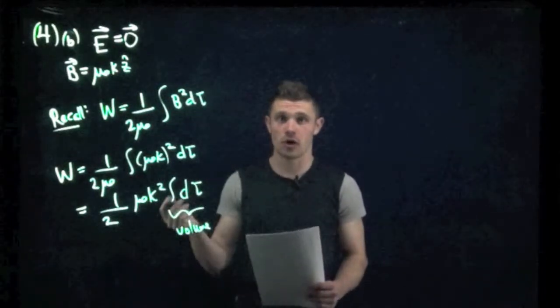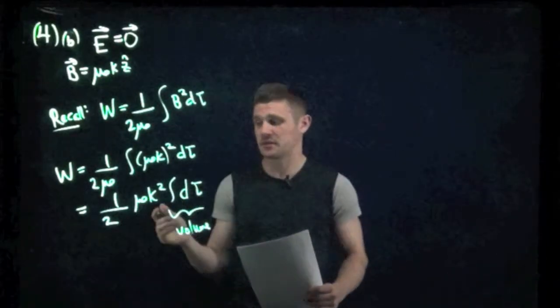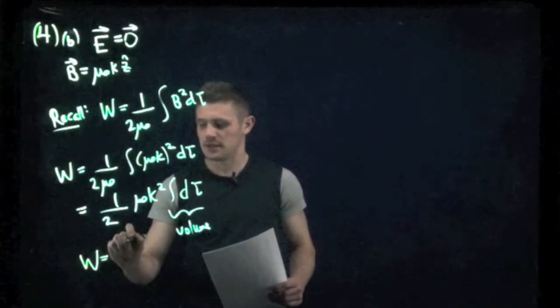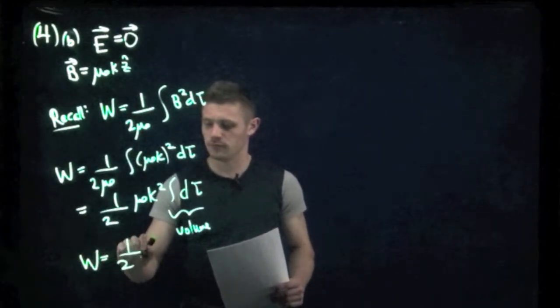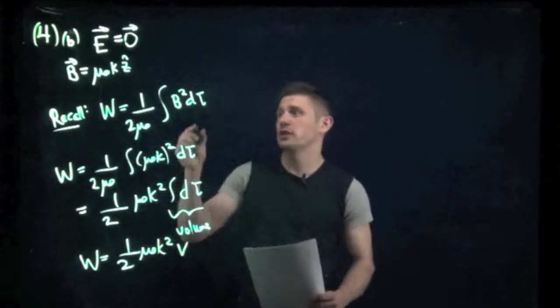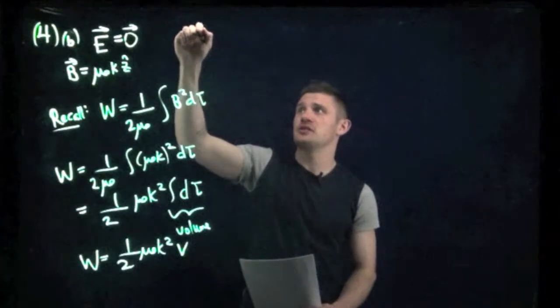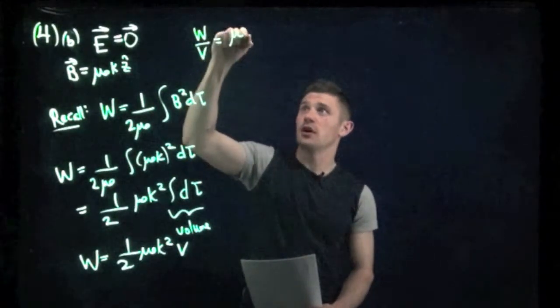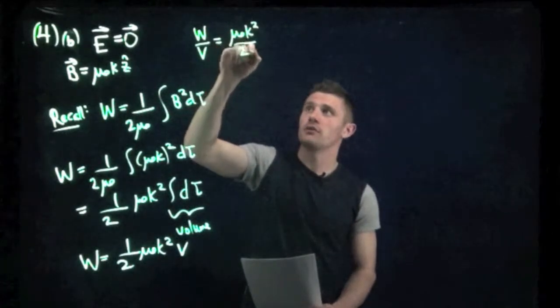So it's the integral over all space of our volume elements, so it just gives us a volume term, and we end up with the work, or the energy, being 1 over 2 mu naught k squared times V. So we can conclude that the energy density is W over V, the energy per volume, which is just mu naught k squared over 2.